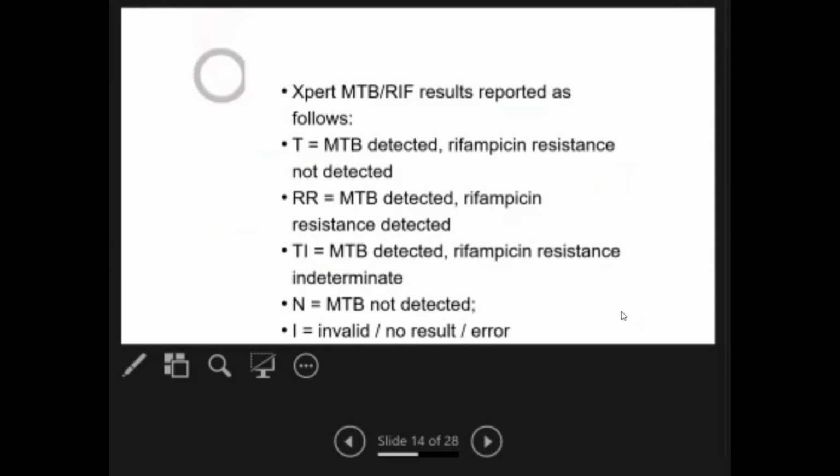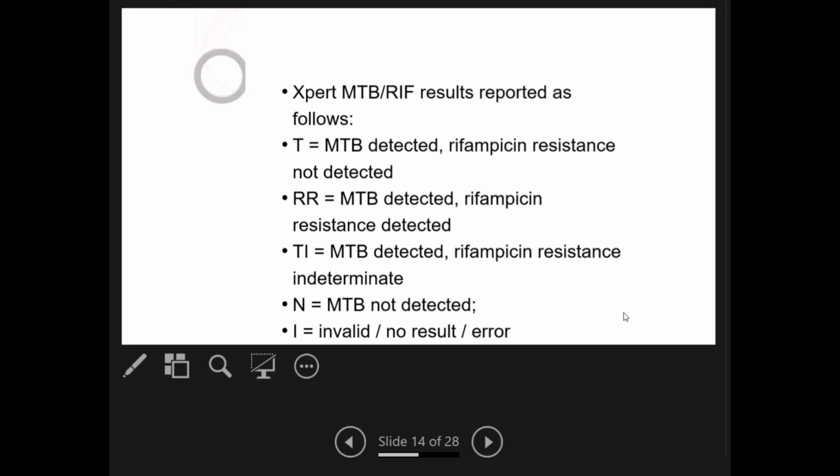So there are three ways. One is you can detect MTB, Mycobacterium tuberculosis complex. The gene they are detecting is specific for the Mycobacterium tuberculosis complex, not only to Mycobacterium tuberculosis; the whole complex we can detect. And rifampicin resistance is also detected.